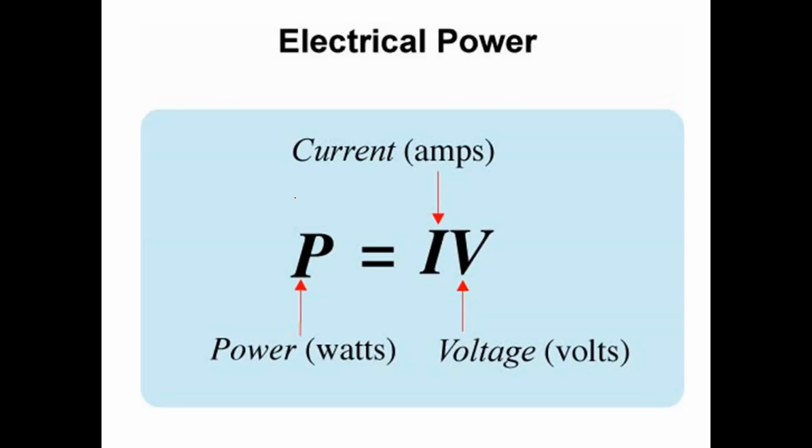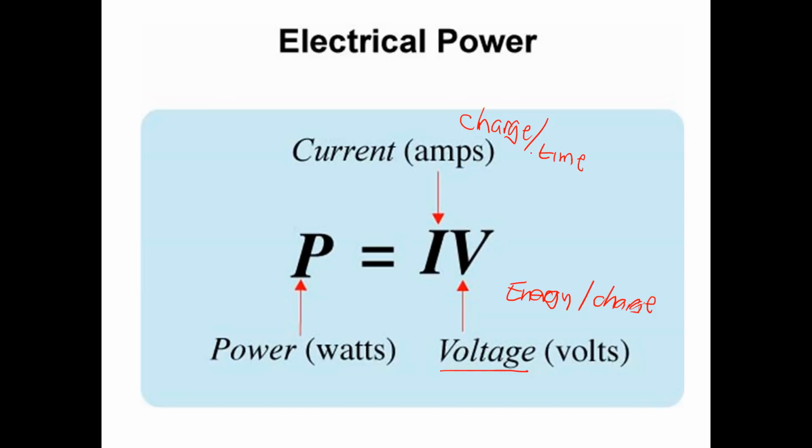As we just saw, we know that electrical power is our voltage times our current. Remember, voltage is the amount of energy per charge, and our current is the amount of charge per time.